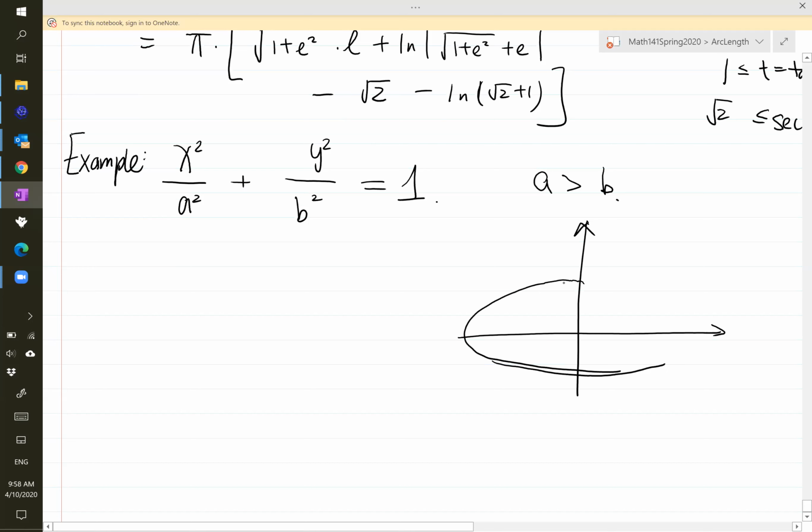It's an ellipse, more or less like this. Negative b, this is b, this is negative a, this is a, for instance.